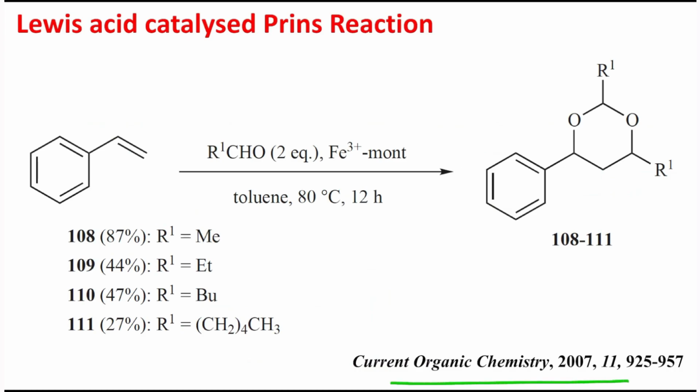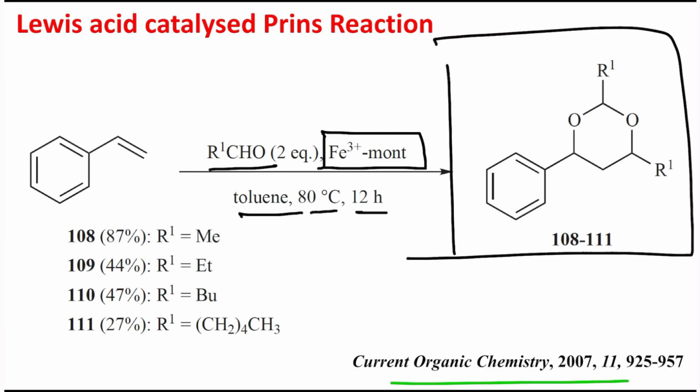Now this is the aldehyde, you can see. This is the alkene, meaning styrene, and in this case iron 3+ is the Lewis acid. And see that in toluene at 80 degrees centigrade for 12 hours, it produces the final dioxane derivative. Okay, since you can see that aldehyde is taken 2 equivalents, that's why this is possible.